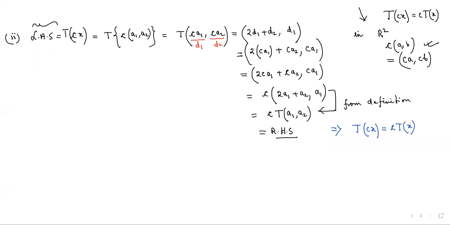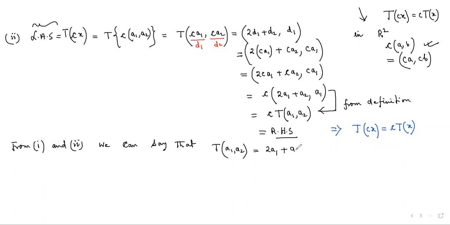And therefore from the two properties 1 and 2, we can say that the transformation T of A1 comma A2, which is 2A1 plus A2 comma A1, is a linear transformation. And the result is proved.